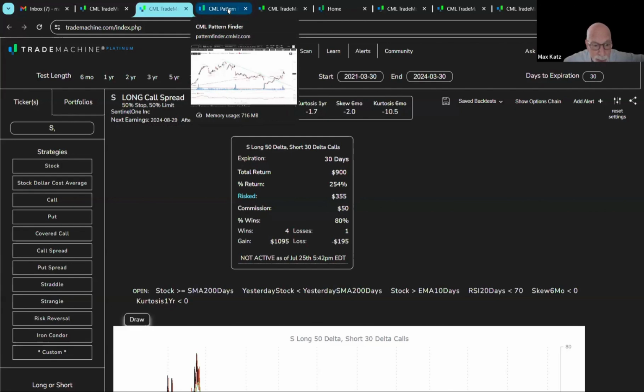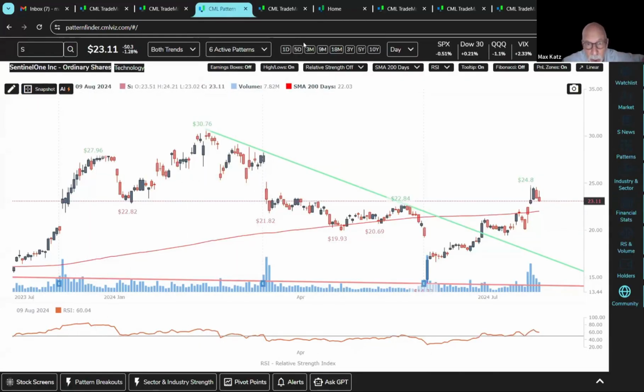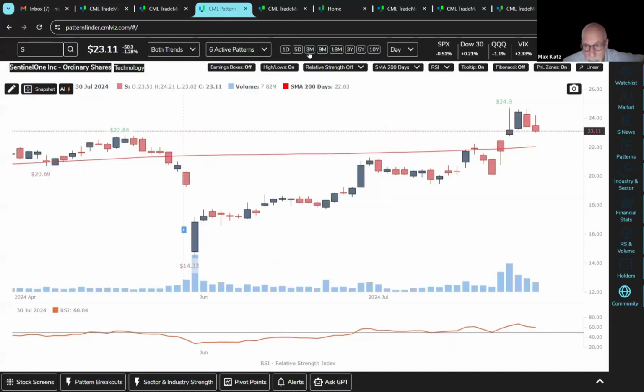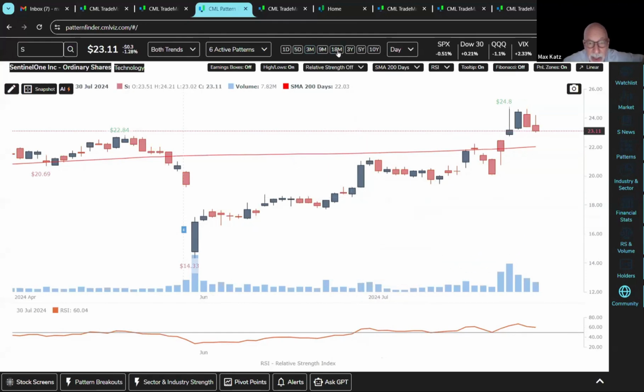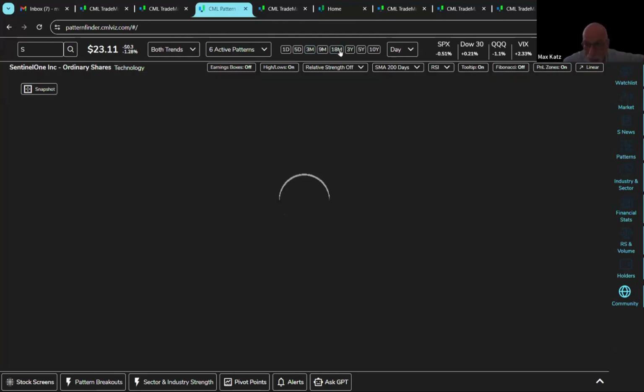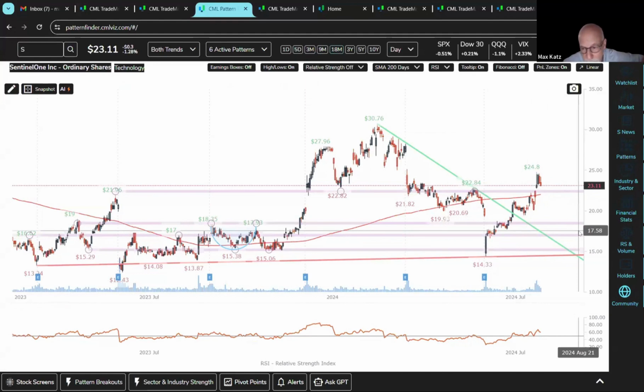Back to Pattern Finder. Before this AI component came along, I started with the 3-month chart just to see how it looks in the short term. To me, this is just a wide congestion area. I then look at the 18-month. I see some horizontal lines of support. I see this resistance line that's been broken, but I know nothing about charts.